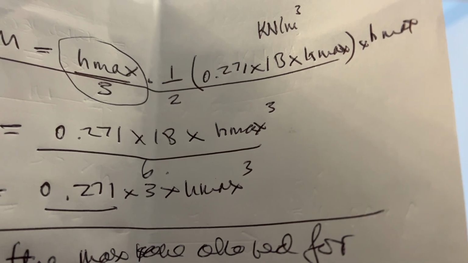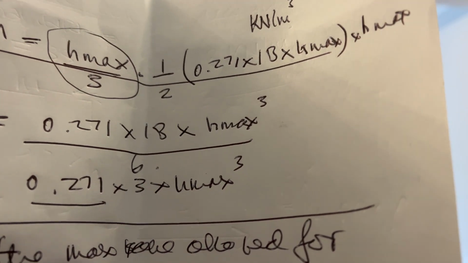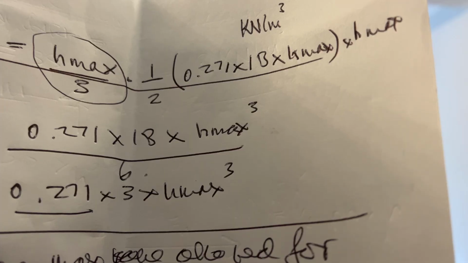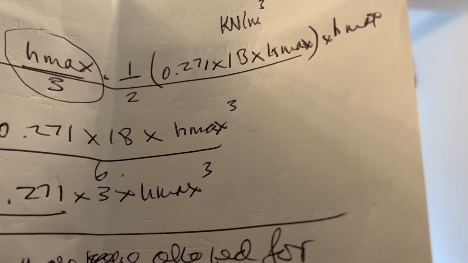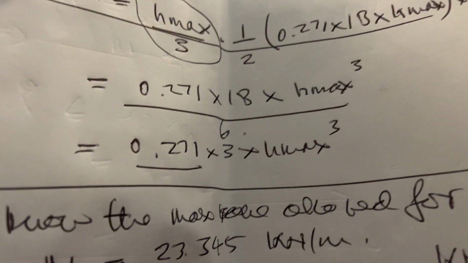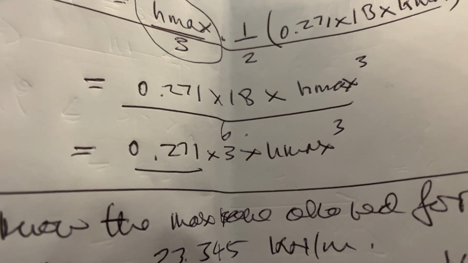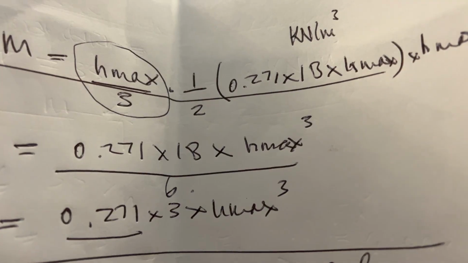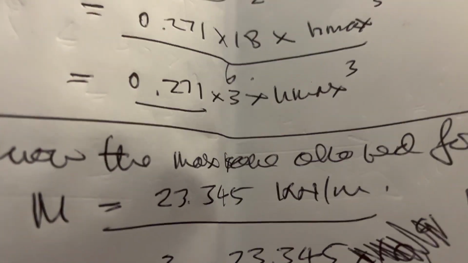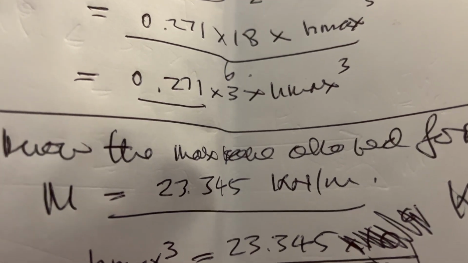And the force is half times pressure times H max. And the pressure is Ka times 18 times H max. So the moment from the wall is 0.271 times 18 times H max to the power of 3 divided by 6. 3 times 2 is 6. That equals 0.271 times 3 times H max to the power of 3.